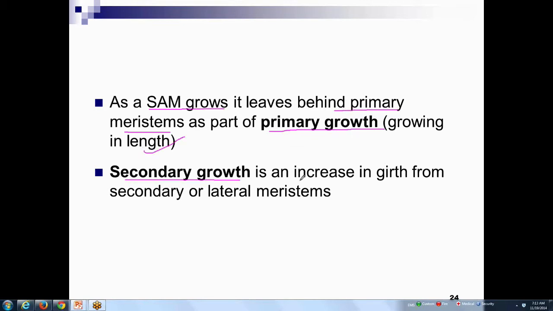Secondary growth is an increase in thickness or girth, and that comes from secondary or lateral meristems, which we'll get more into for test 8. Most of this information is found at the very end of chapter 35. So we won't get into secondary growth too much, but just know secondary growth is increasing in thickness, and that comes from the lateral or secondary meristems found just inside the stem.